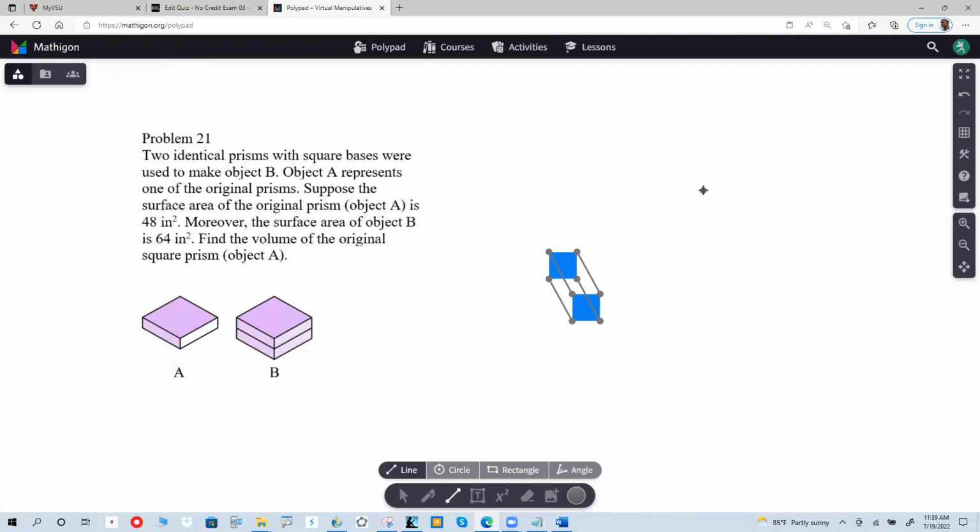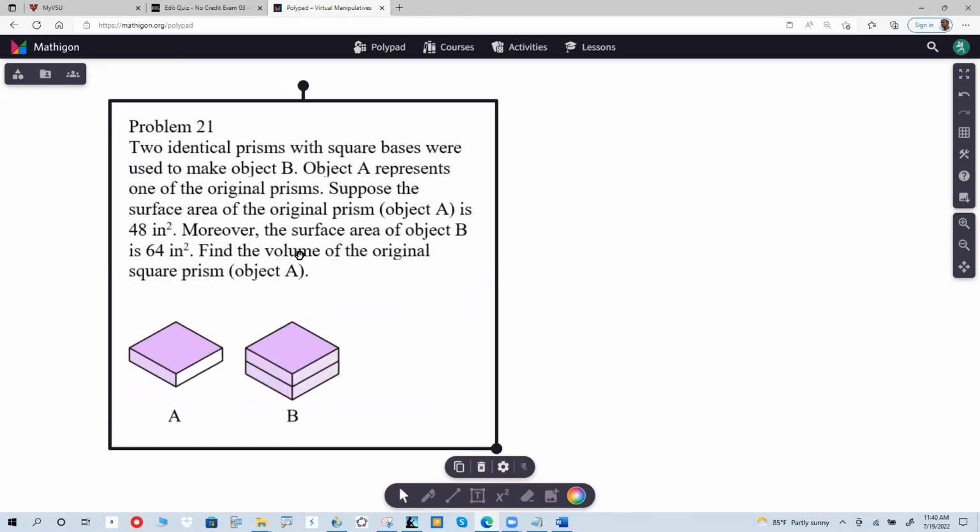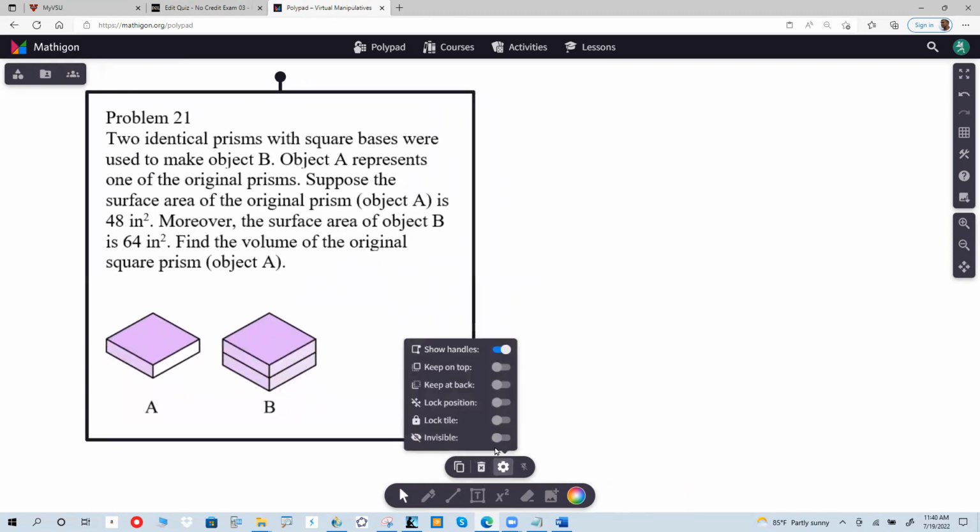So this slab is a prism, a stick of butter is a prism, all those things. Two identical prisms with square bases were used to make object B. So we took two copies of A and stacked them one on top of the other to make structure B.